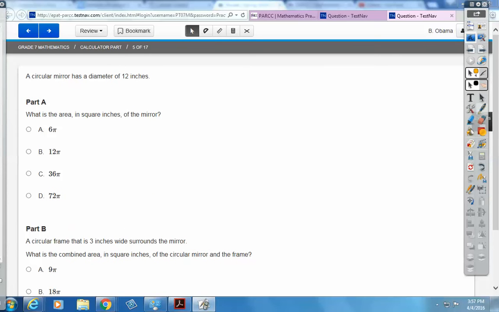Okay. A circular mirror has a diameter of 12 inches. So let's draw my mirror. And it has a diameter of 12, a radius of 6 because the diameter is 12. What is the area in square units of the mirror? All right. So the area of a circle is going to be pi r squared.